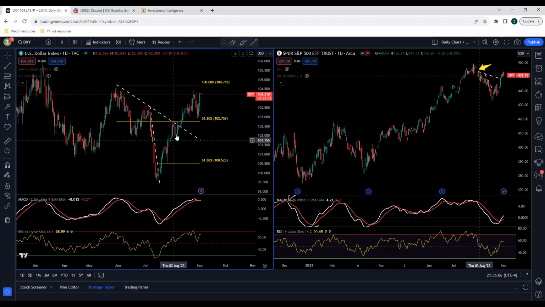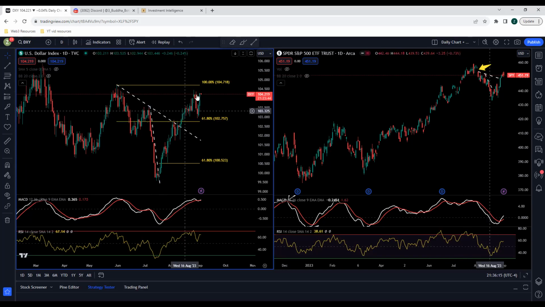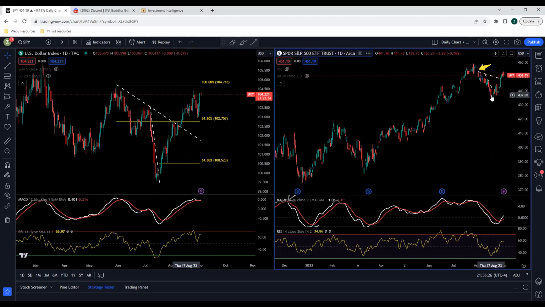So sometimes the dollar is going to go up while the market is going to go up. But you can see here, we clearly broke out of our inverse bump and run pattern right here and had a strong push to the upside. And that coincided with the dollar, or with the S&P 500 dropping, is really when we started to see the S&P drop as the dollar moved up and pushed higher.